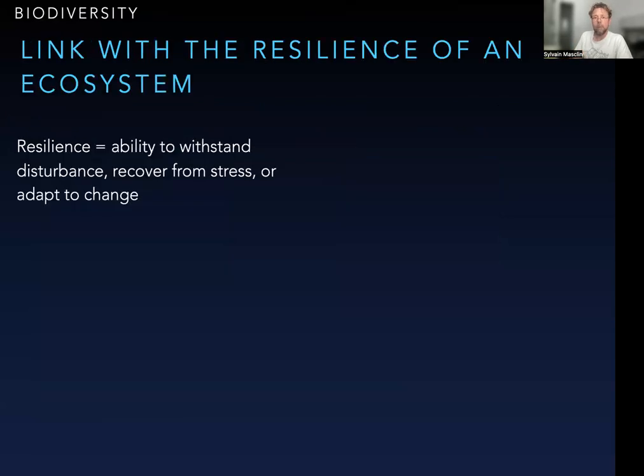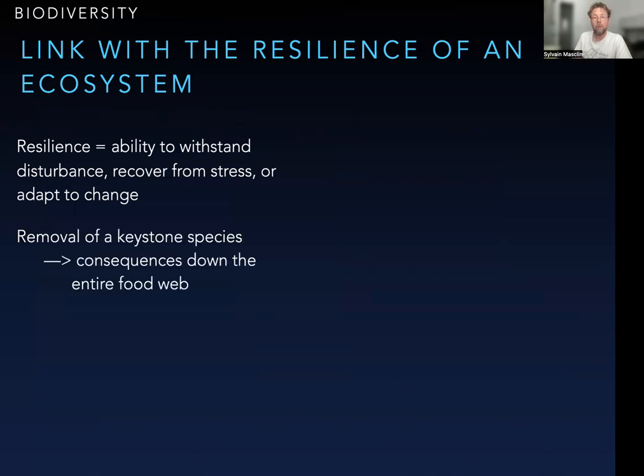So those species, the ecosystem engineers, help the ecosystem to be resilient. Remember, the capacity of adapting to a change in the environment. And I forgot to mention also, keystone species tend to be very important for the resilience of an ecosystem.